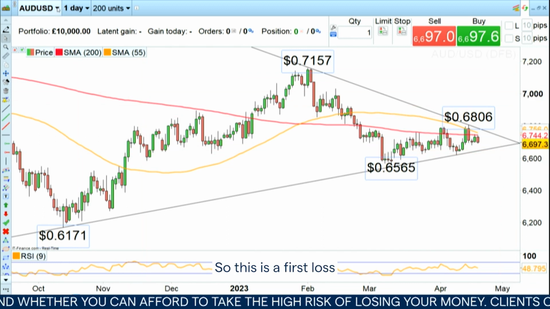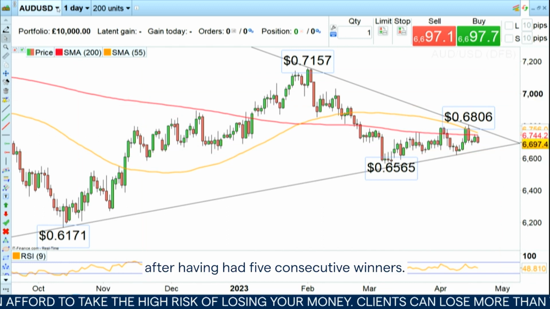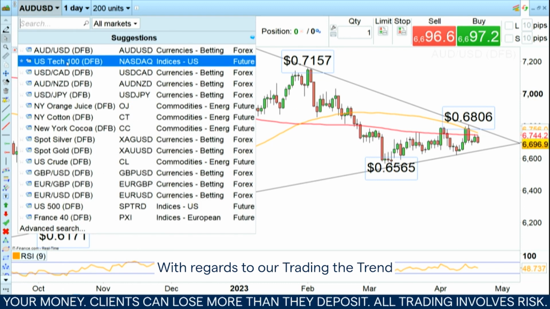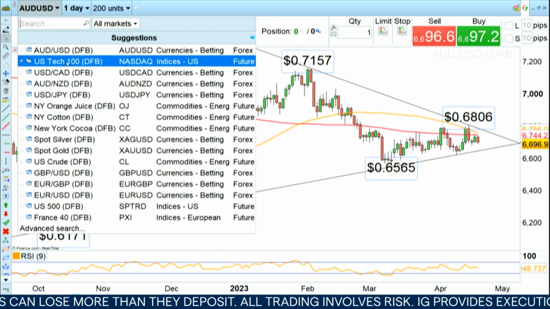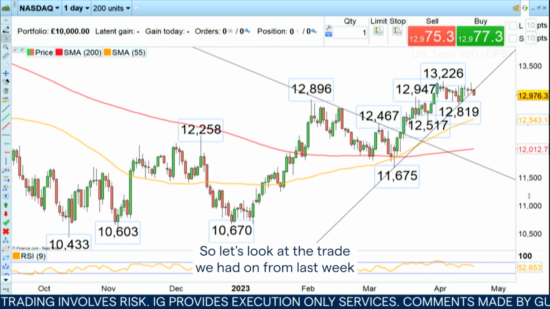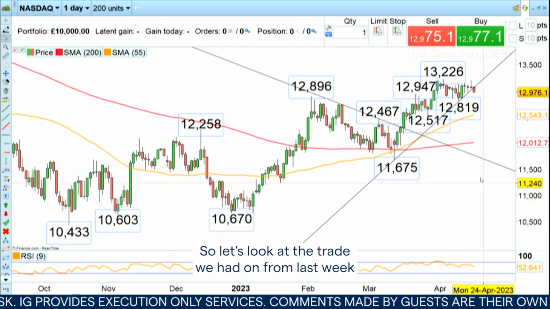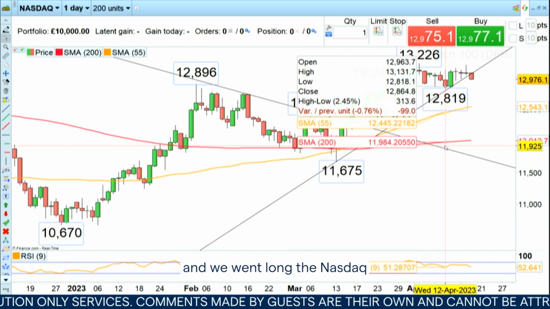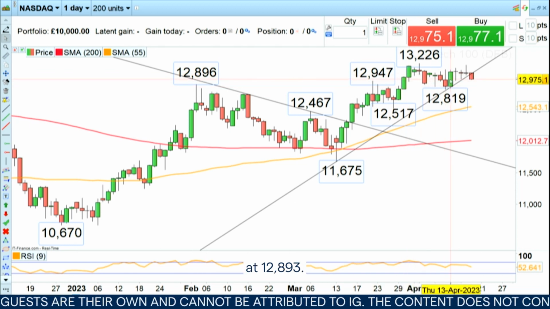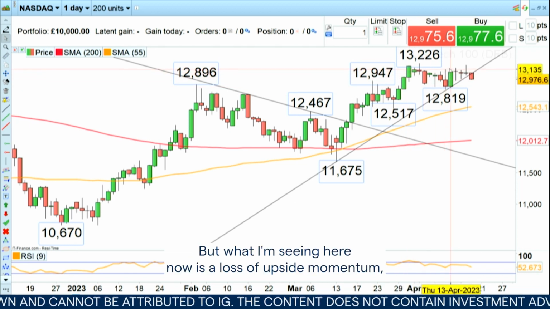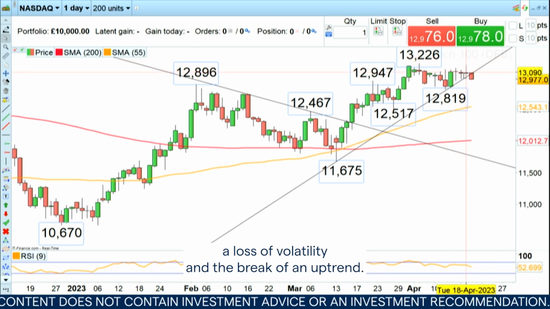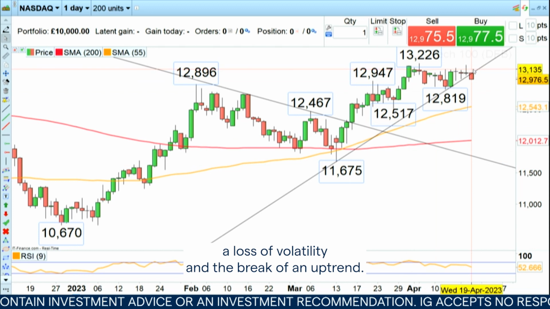So this is a first loser after having had 5 consecutive winners with regards to our Trading the Trend setups. So let's look at the trade we had on from last week, and we went long the Nasdaq at 12,893. But what I'm seeing here now is a loss of upside momentum, a loss of volatility, and the break of an uptrend.